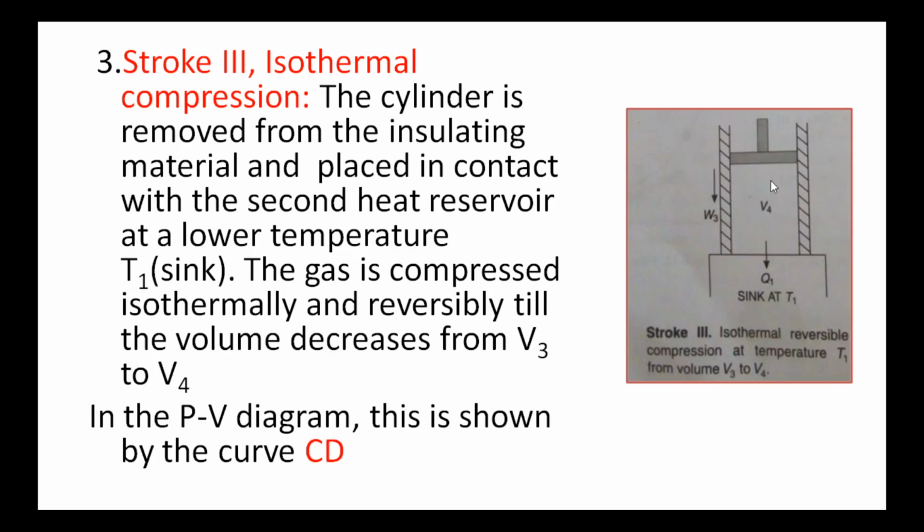Due to the compression, some heat is evolved. So, this heat is evolved to the sink. That amount is given by Q1. This is shown in the PV diagram by the curve CD. So, as a result of compression, here heat is evolved. That amount is given by Q1.